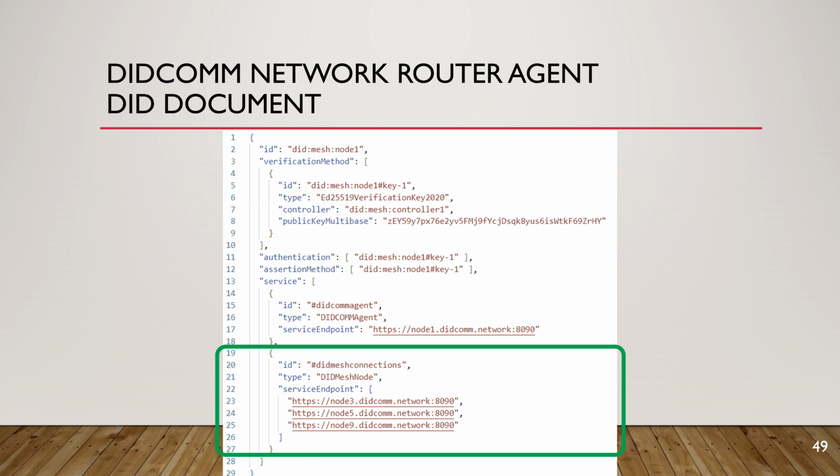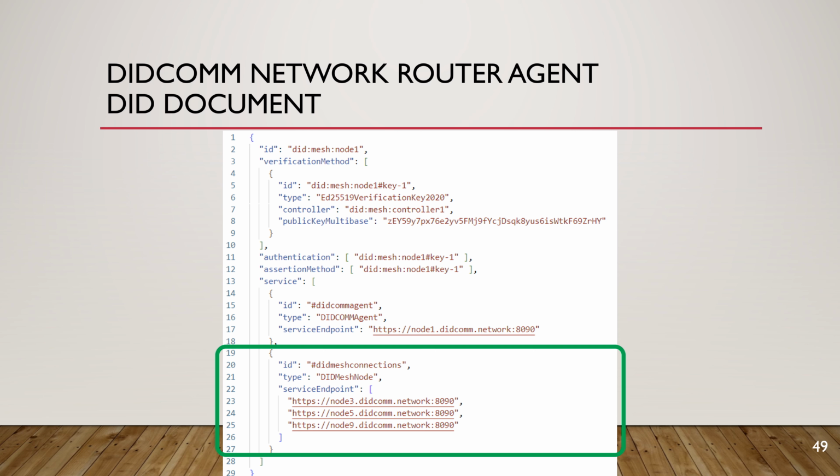But we can also use the service endpoint concept to say, here's the service endpoints of my nearest neighbors. So in this diagram for the DIDComm agent node 1, its nearest neighbors are node 3, node 5, and node 9, highlighted in the green box.